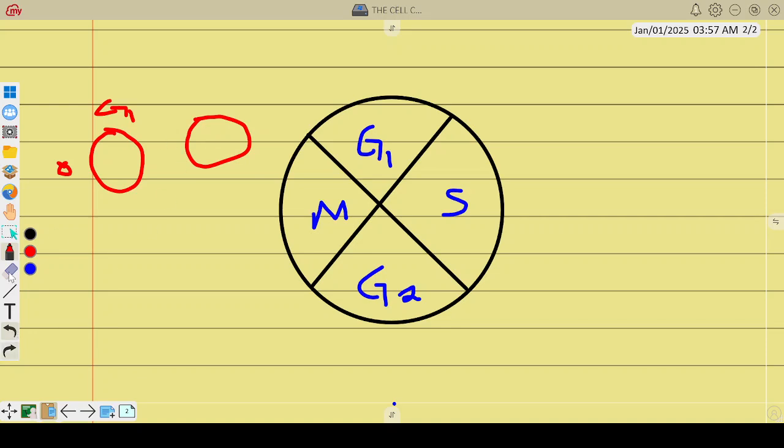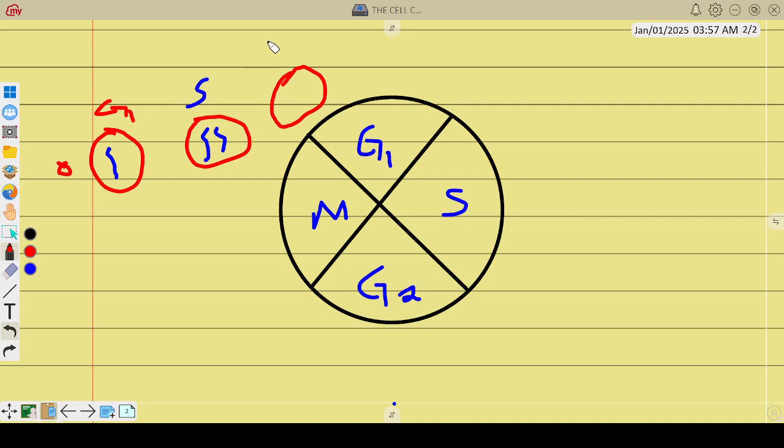In G1 we could have maybe one chromosome, but under S phase we're going to have 2. This means DNA replication has taken place. After the S phase, the cell will grow even more.